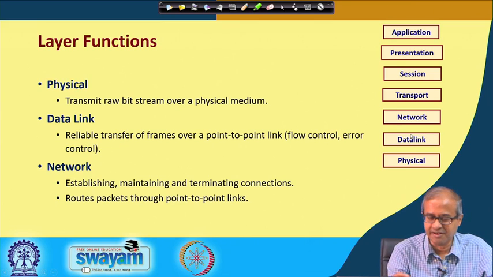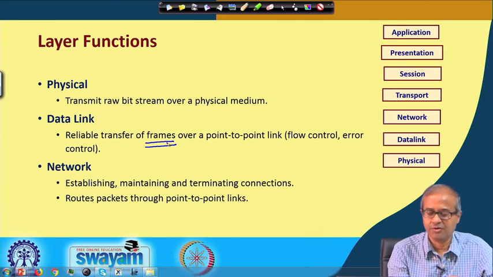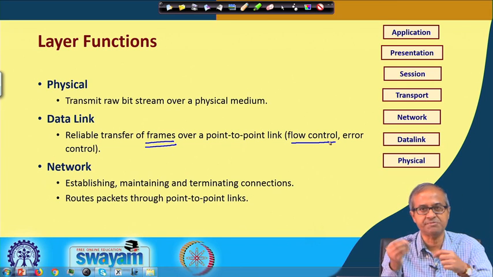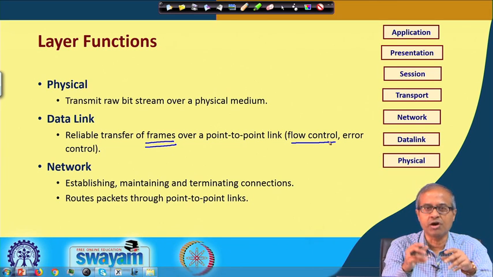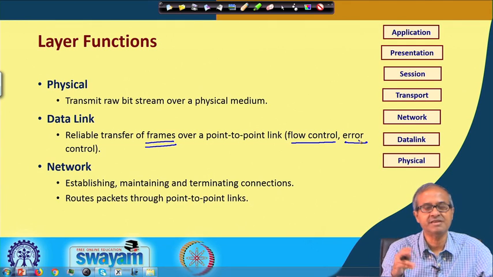At this level, the data unit is called a frame over a point to point link. It also takes into account flow control. That means, if there is a speed mismatch, it can slow down or make faster the rate of data transfer. If there are some errors, it will try to handle the error, retransmit that frame again, and so on.